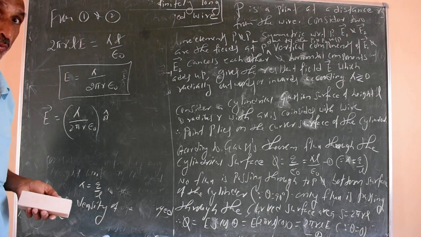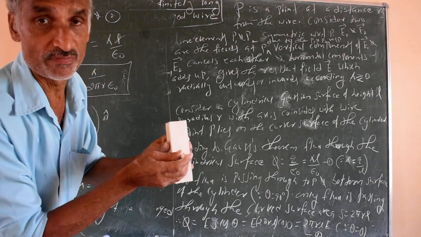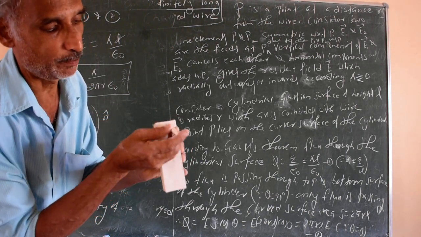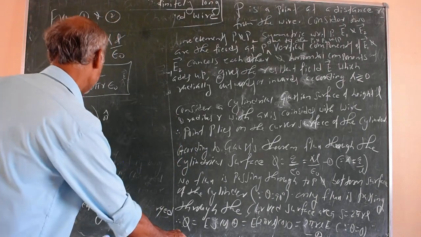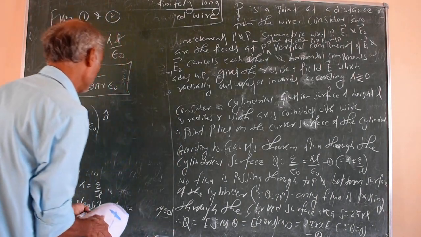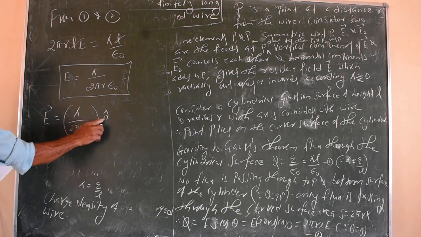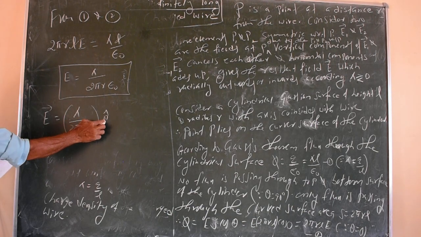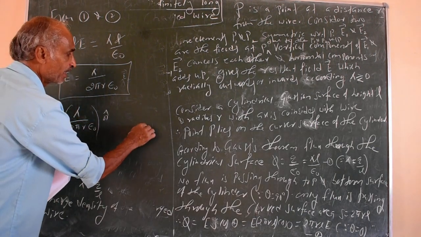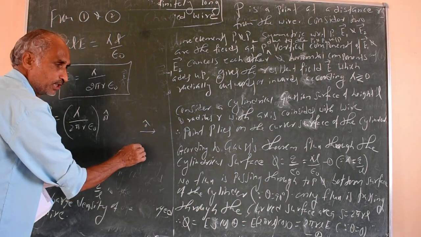The field is radially outwards, meaning perpendicular to the curved surface. Therefore, n cap is the unit vector giving the direction of the field. N cap is radially outwards if the charge is positive.